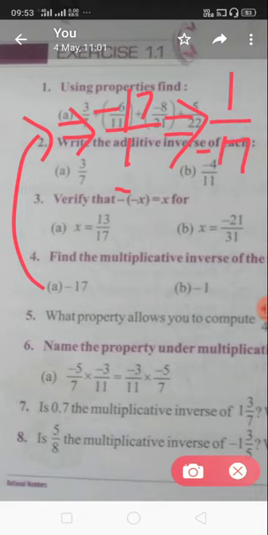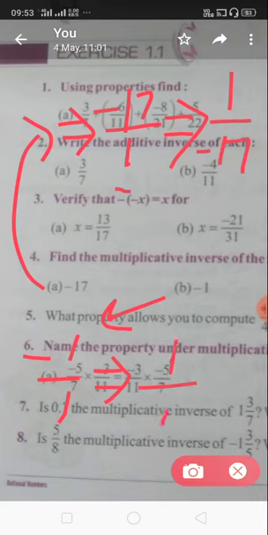Okay. Similarly, if I ask you what is the multiplicative inverse of minus 1, very simple: minus 1, you can write it as minus 1 upon 1, and its multiplicative inverse, what is it? You just change the position, 1 upon minus 1.